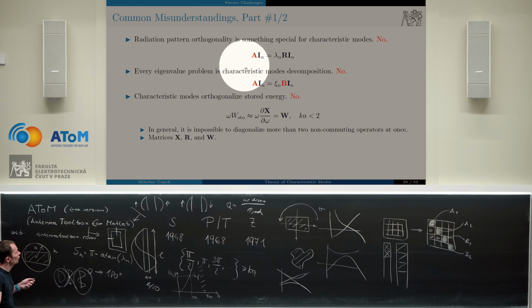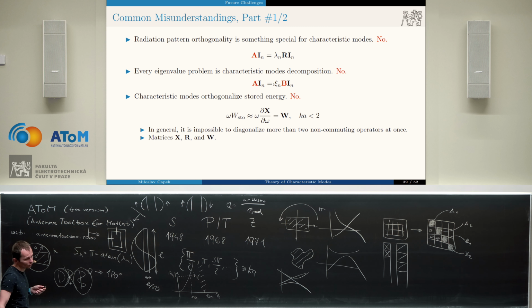Also, sometimes you can see somewhere that characteristic modes are basically modes which are fulfilling this general equation. And this is not the case. Notice that characteristic modes are a very particular basis of extremely useful but particular properties.